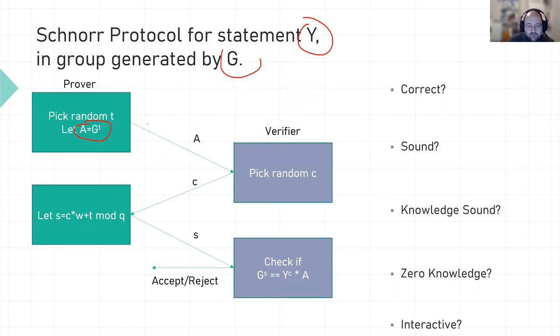So the prover will send this blinder A to the verifier. And the verifier at this point has a very easy job. The verifier will simply pick a random challenge C from 0 to Q-1. So the verifier picks a random challenge, and then the prover will calculate what the correct answer is.